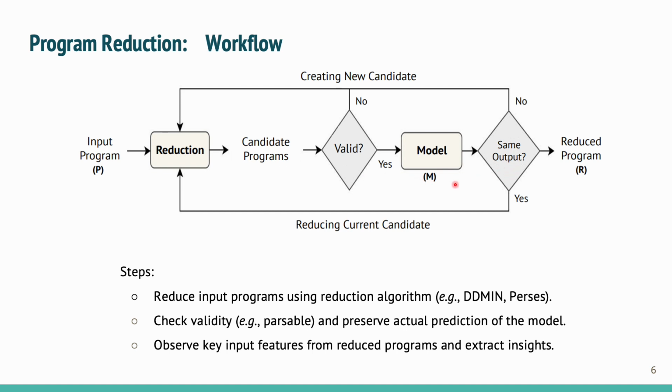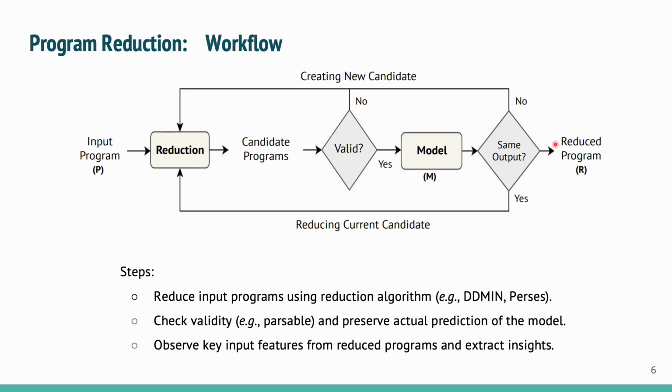It then compares the prediction of the model between the reduced program and the input program. If the reduced program is valid and preserves the same prediction, it continues reducing the current candidate. Otherwise, it creates a new candidate for processing. And it continues until it finds the final reduced program, where it cannot remove any further tokens without altering the model's prediction.